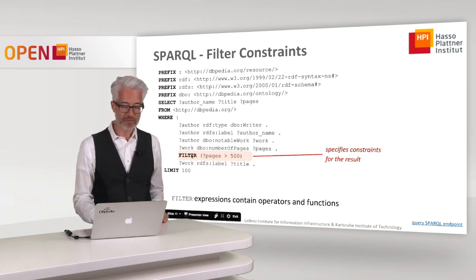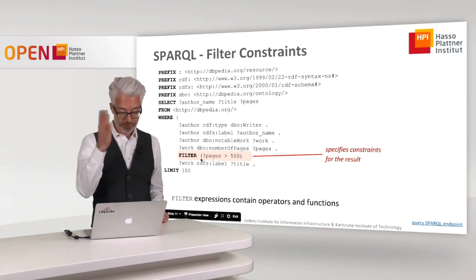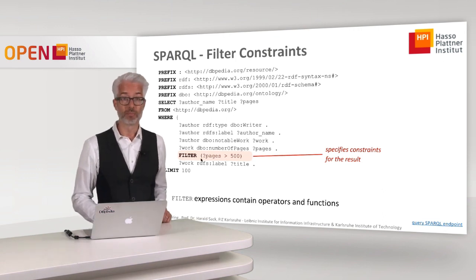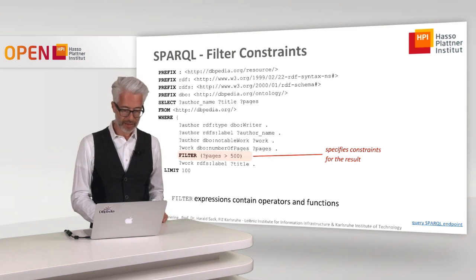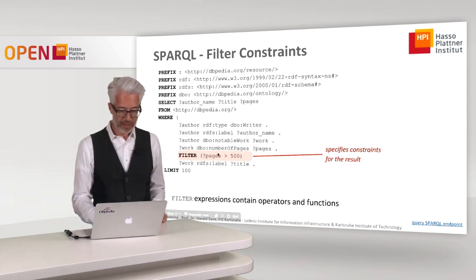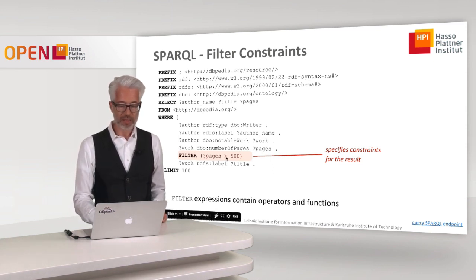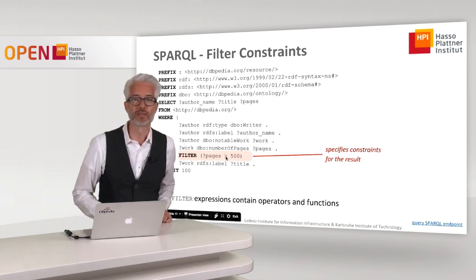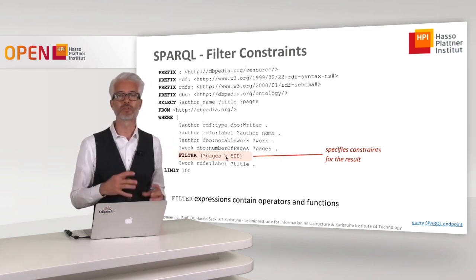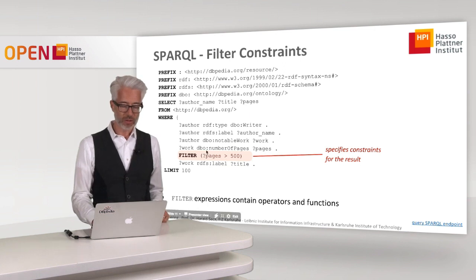And there comes then the filter condition with the keyword FILTER. And then here in parentheses we have pages should be greater than 500. So this specifies constraints for the result and means we only want to have those notable works displayed which have more than 500 pages.